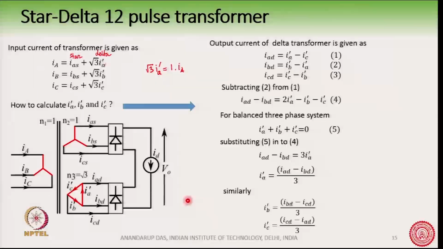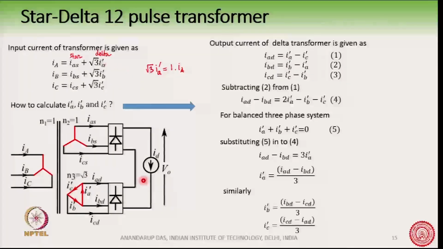Now, for the output current of the delta transformer IAD, we can write the KCL at this junction. IAD is nothing but IA dash minus IC dash. In a similar way, we can write IBD as IB dash minus IA dash, and ICD likewise, writing the KCL at these 3 nodes.